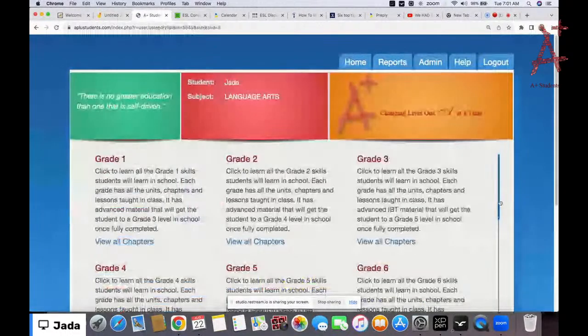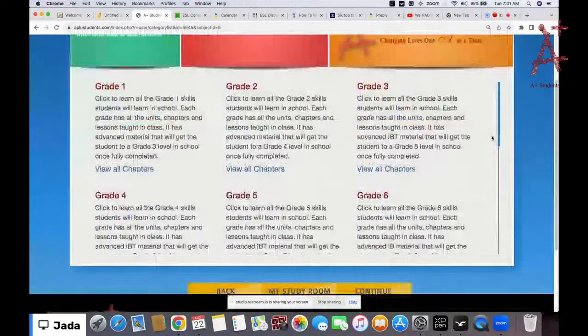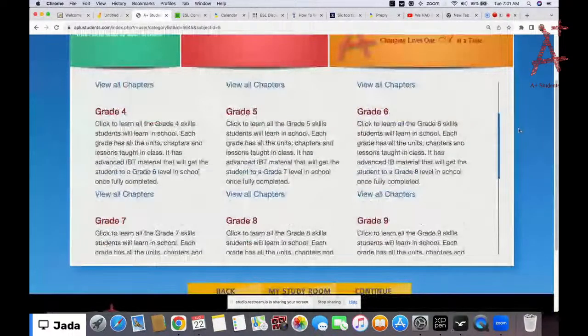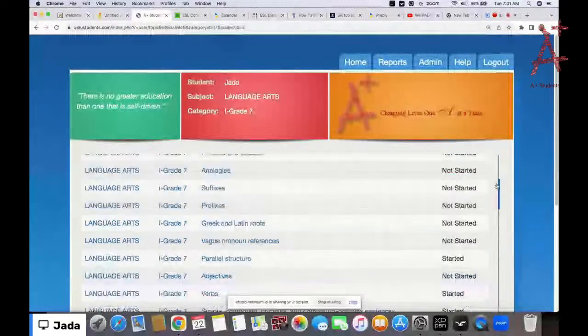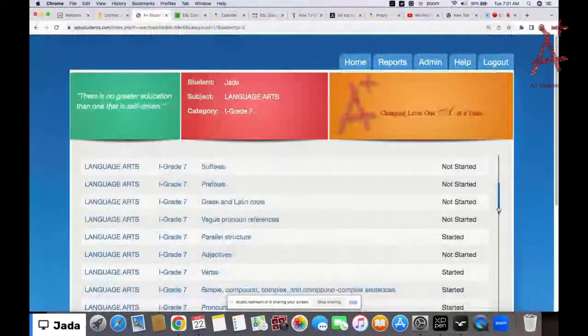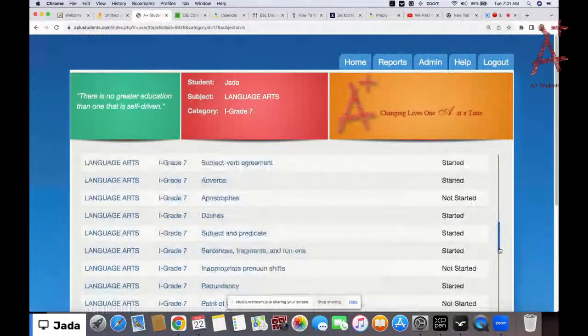So we have grade 7. All we do is find the chapter we need to go to.